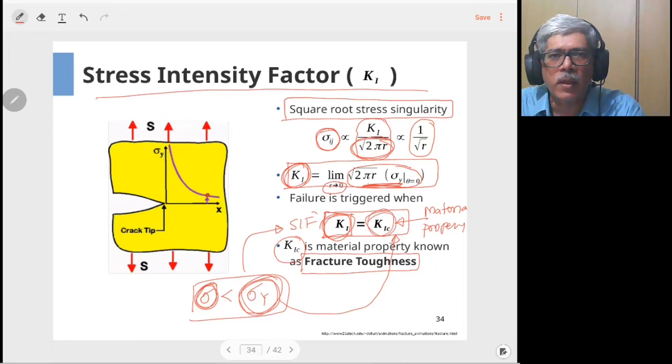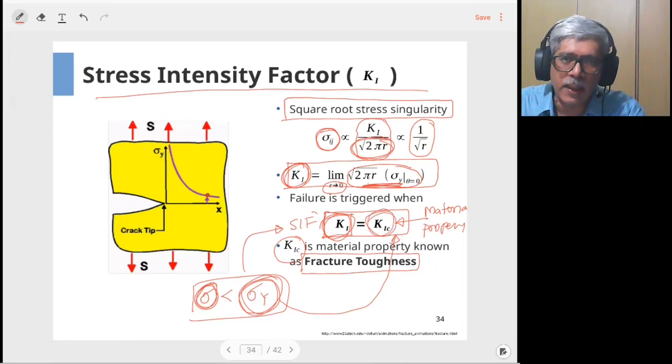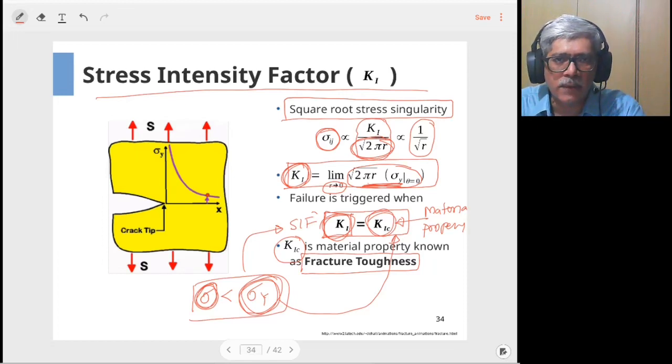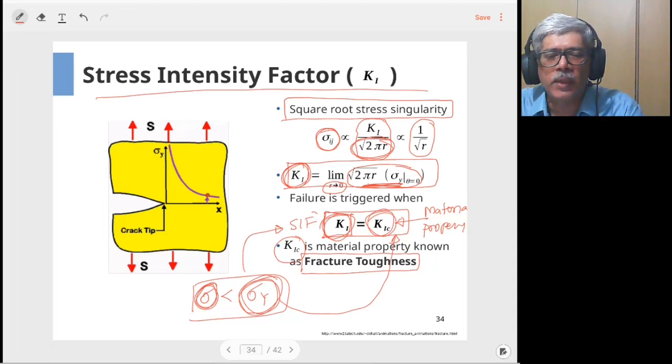So using experimental methods, one finds the fracture toughness. Using analytical and numerical methods, one can calculate the stress intensity factor, and our design is safe in the presence of a crack if the stress intensity factor is less than what the material can sustain, the fracture toughness of the material. So that is how we proceed.